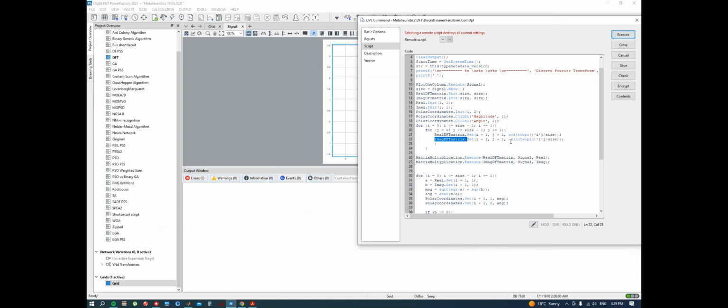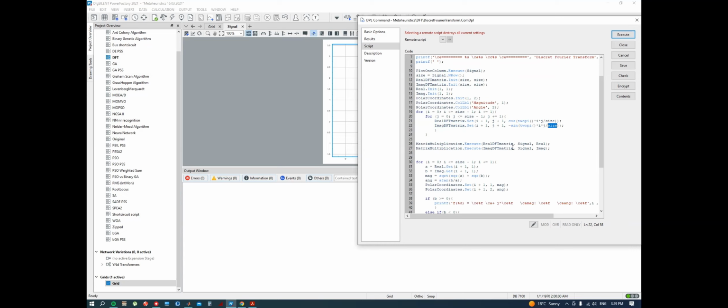So we have minus sine 2pi, and so on and so forth, n being the size of the signal. And the second part is just the multiplication of the real DFT matrix with the signal.